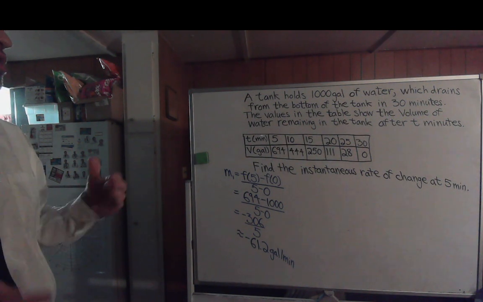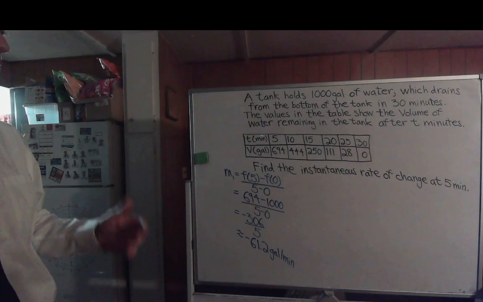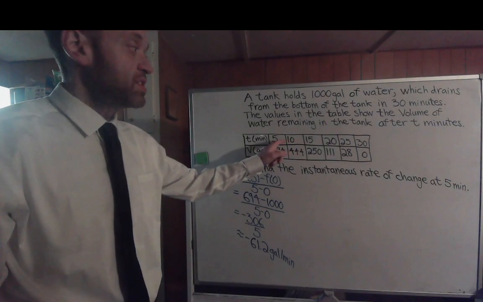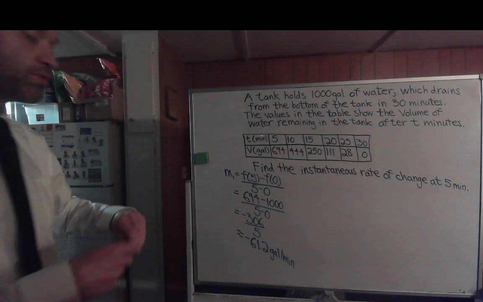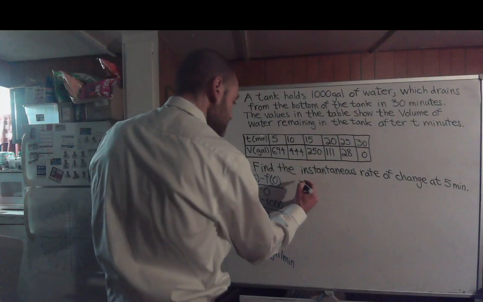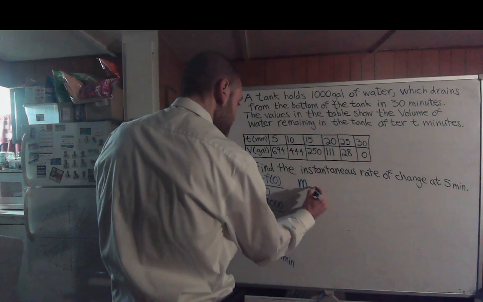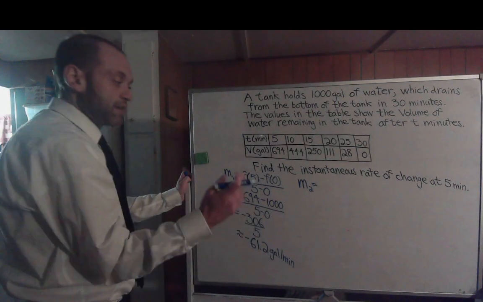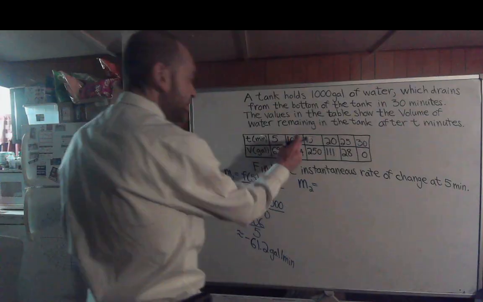Now, what we should do next, if we want to find the instantaneous rate of change, is take the slope of the secant line from 5 to 10. It's also 5 units apart, but to the right of 5. So let's take the average rate of change from 5 to 10 minutes.